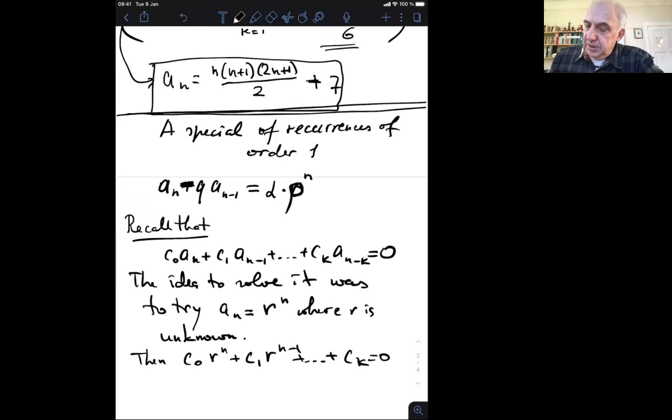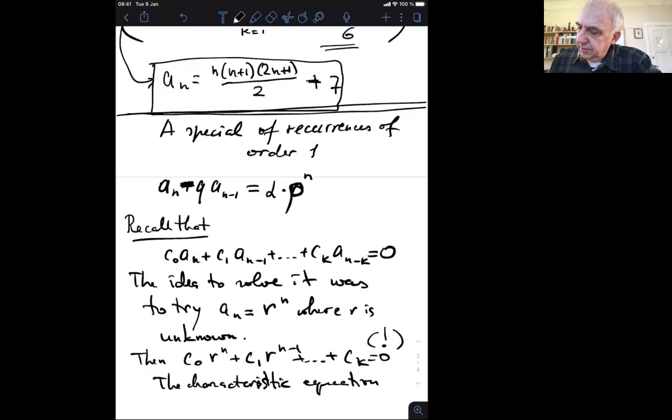So r satisfies this equation, which is the characteristic equation of the linear recurrence.